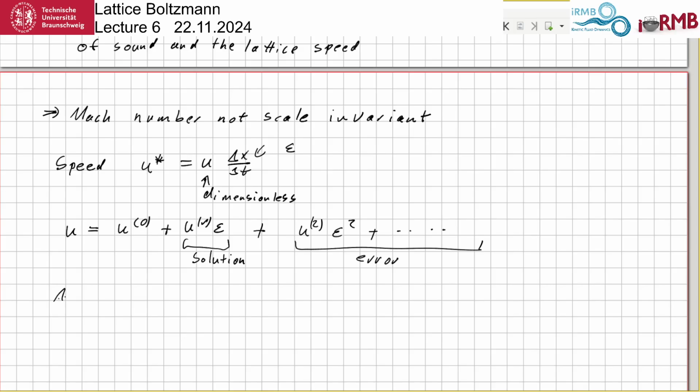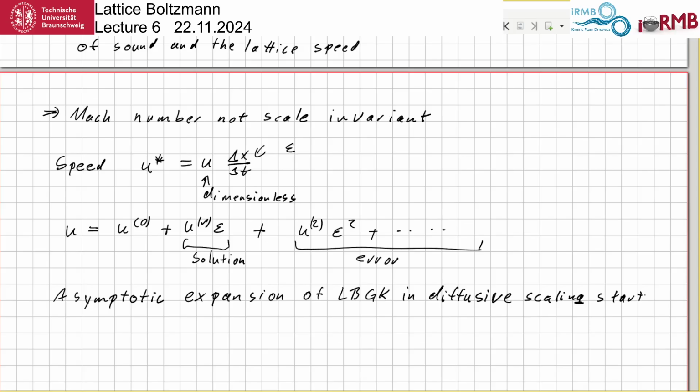So let's do an asymptotic expansion of LBGK in diffusive scaling, starting from our equation 6.4.